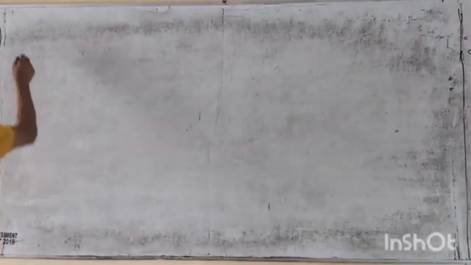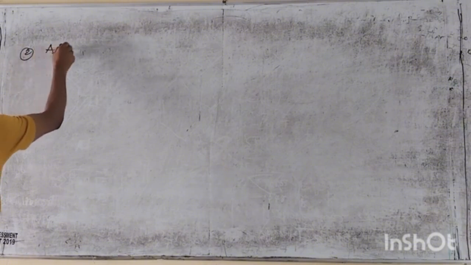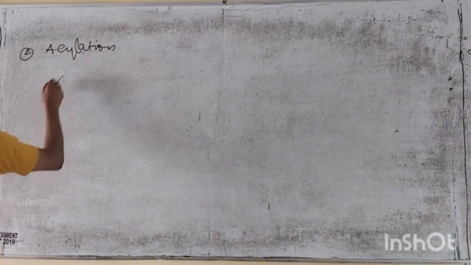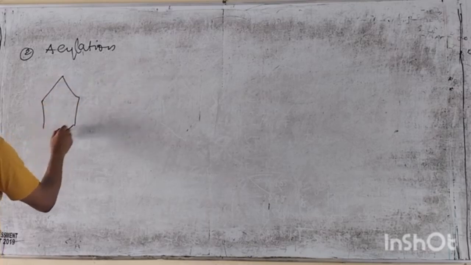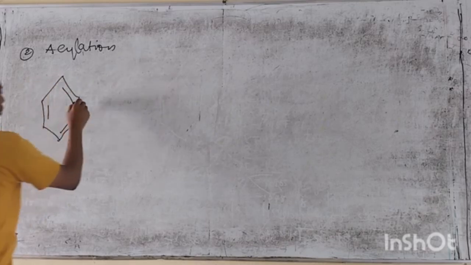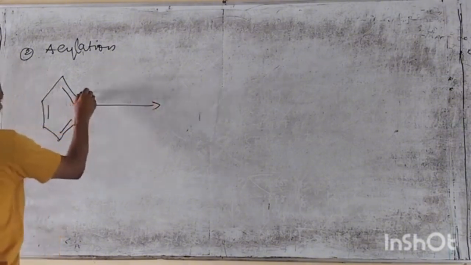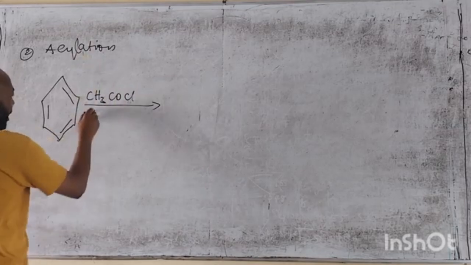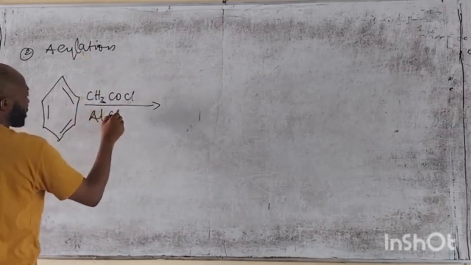The acyl group too. So in this case, I have also my benzene here. We react with CH3COCl. I still have my aluminum trichloride here.